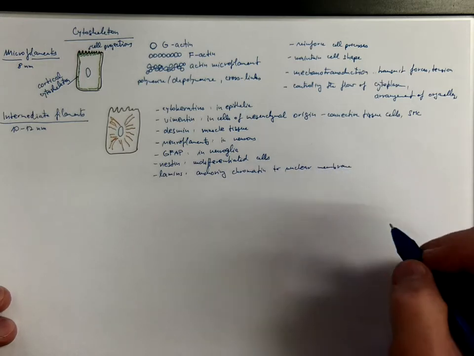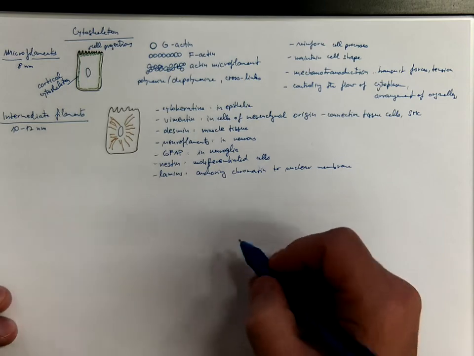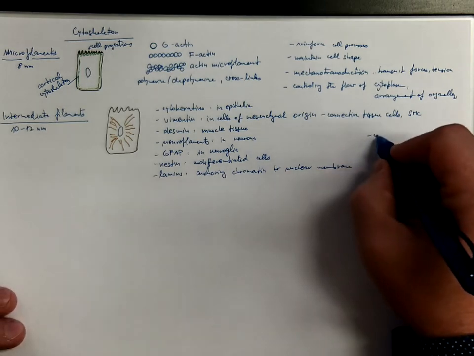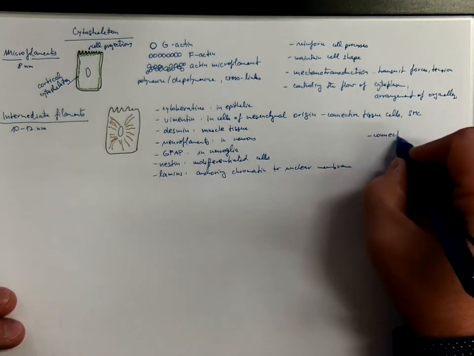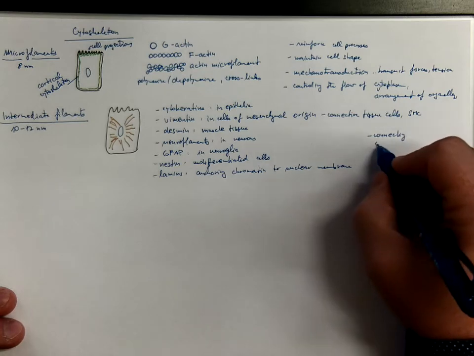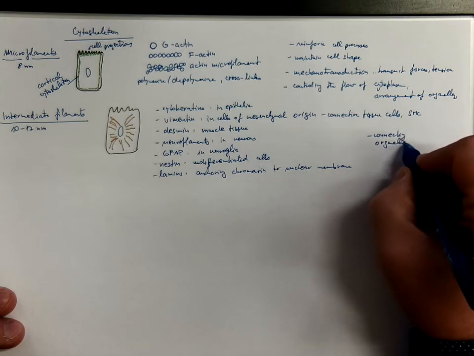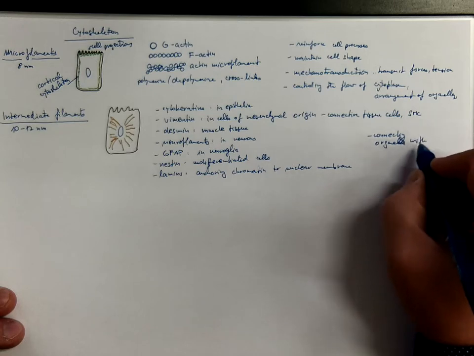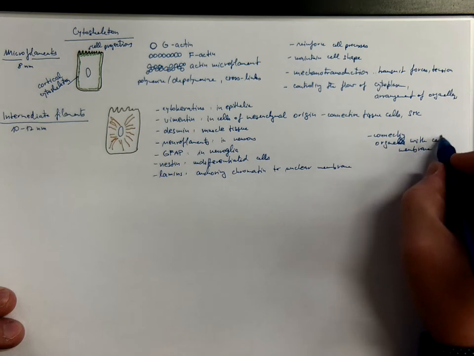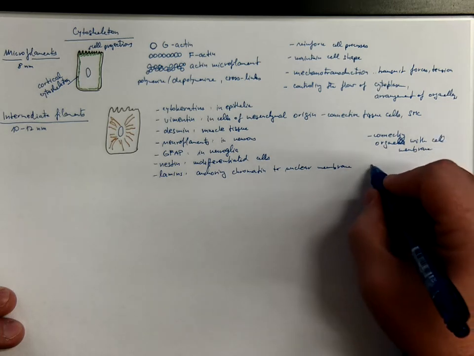And more. So the intermediate filaments are connecting organelles with the cell membrane. They are relatively stable.